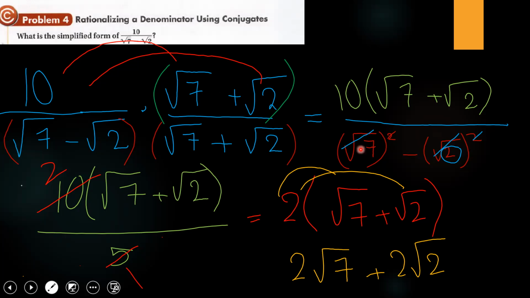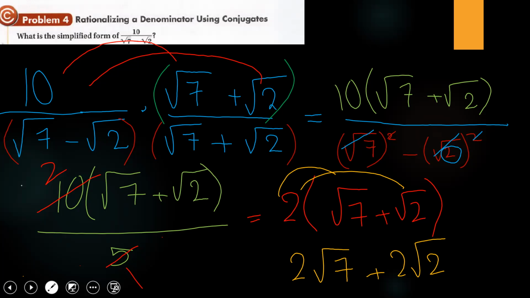Then after that, let's come now to the denominator. What did we have? We have a square root of 7, take the square of it, minus, take the square of the second square root. The square cancels the square root, so we have 7 only, and the square cancels the square root, so we have 2 only, so we write 5 in the denominator here.